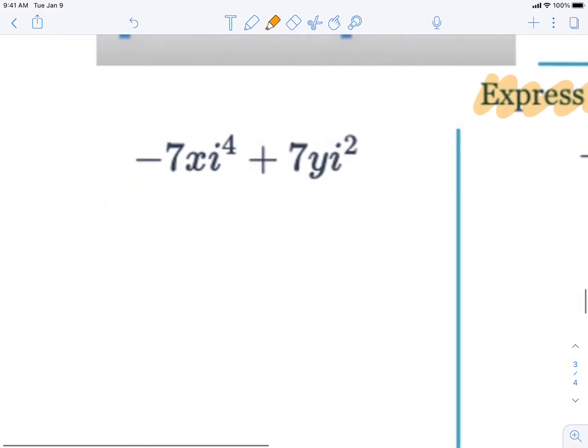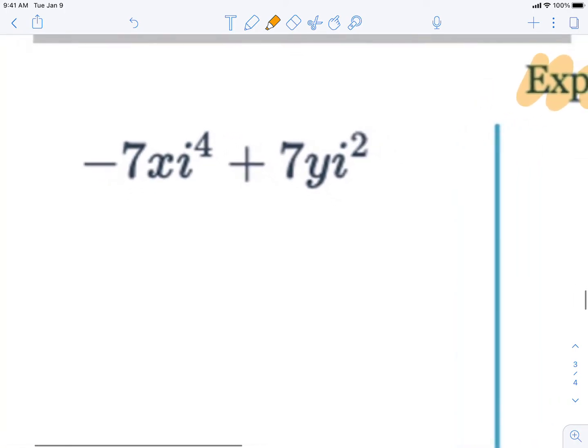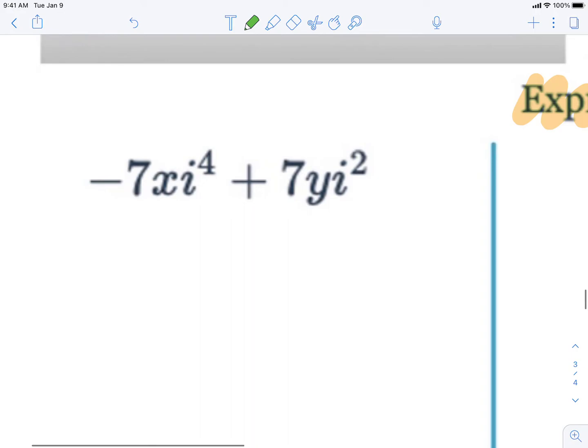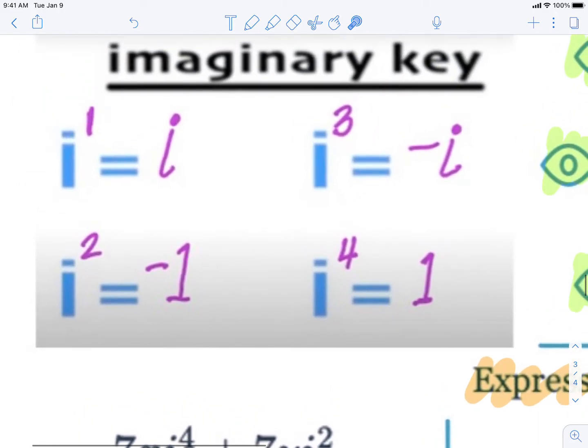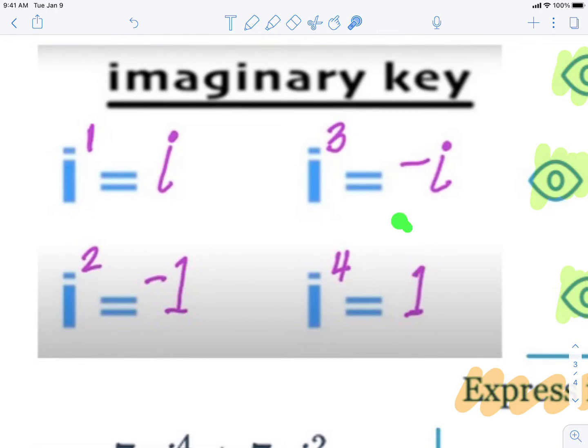Okay, so let's look at our first example right here. This reads negative 7x i to the fourth plus negative 7y i squared. Well, here I noticed this is i to the fourth. And i to the fourth in my imaginary key is equal to 1.